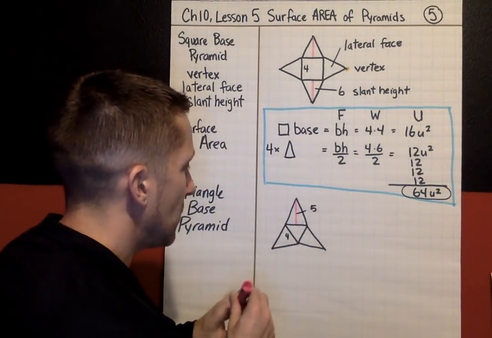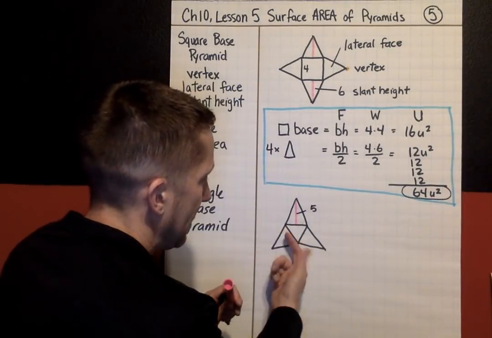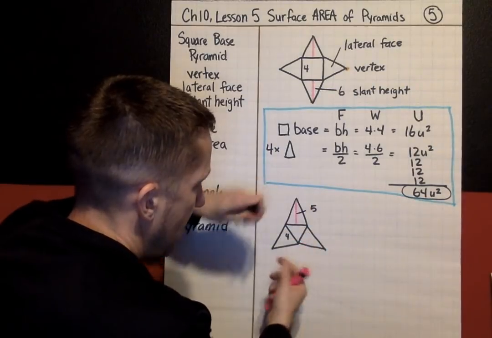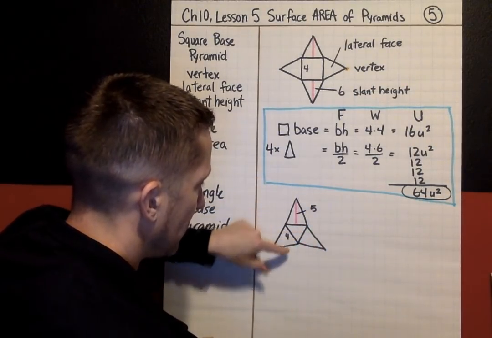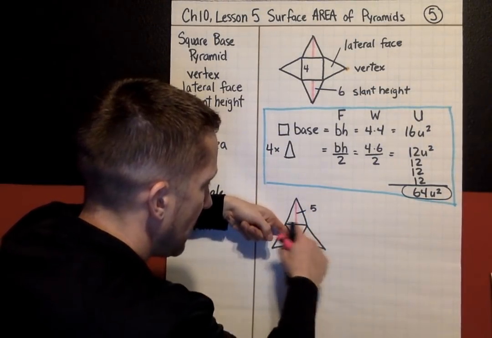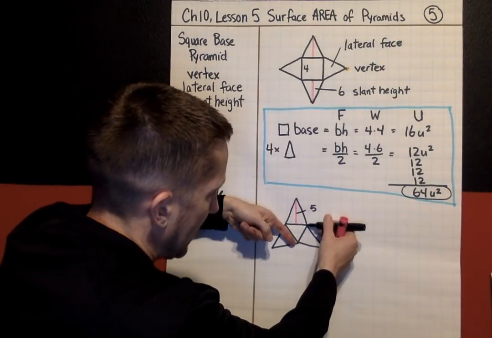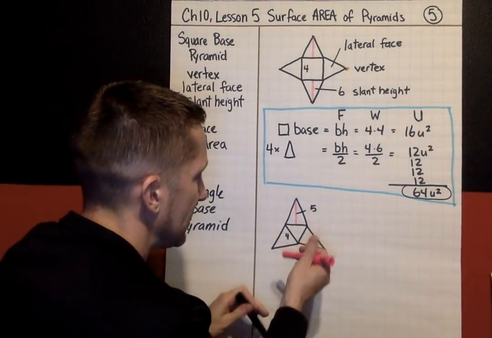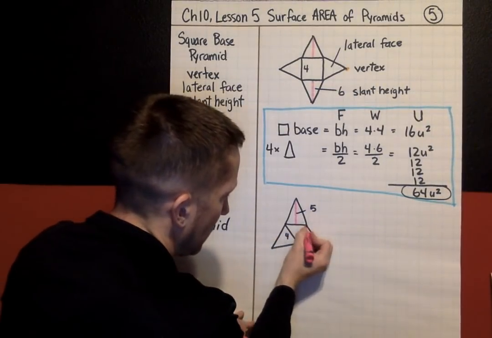And then I also have another slant height. Imagine just the base and the base triangle. If this is the base of the base triangle, the bird would land here and the poop line would go straight down. There's another slant height for just that triangle. That would look like this.